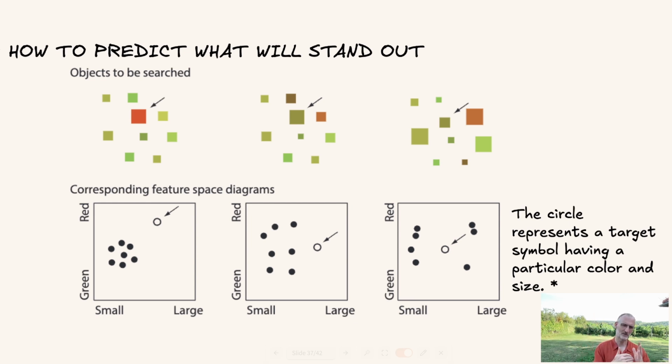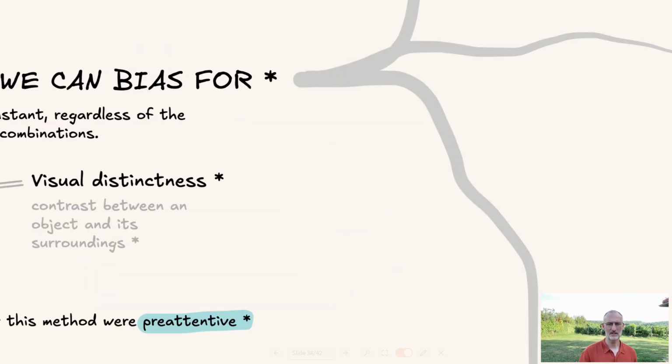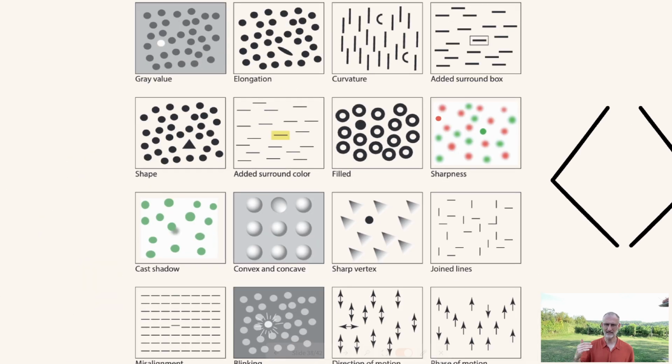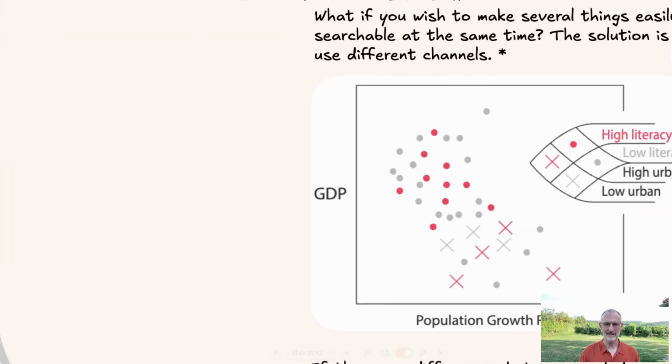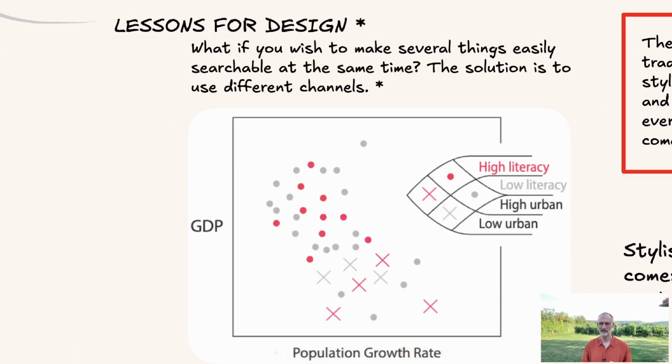And of course, you can do this in multiple dimensions. On the previous chart, you could see that there are many different features. So you can put these all together and create diagrams where different elements stand out for different reasons. Here's an example where there are multiple dimensions that stand out nicely.